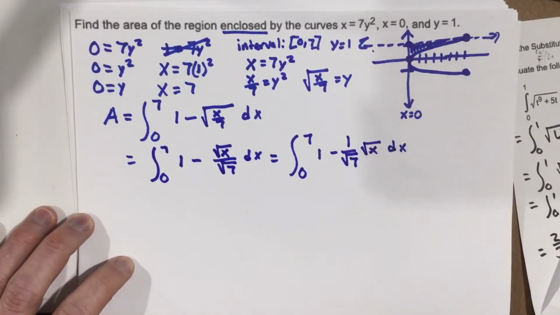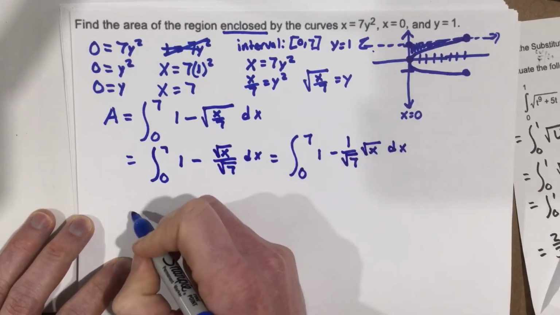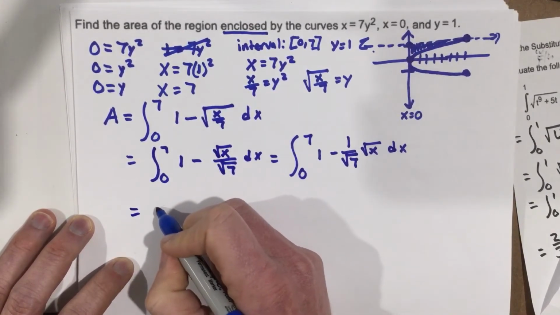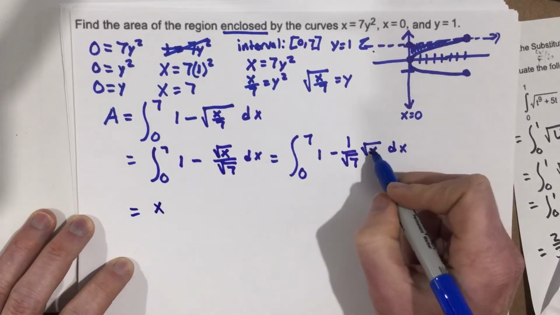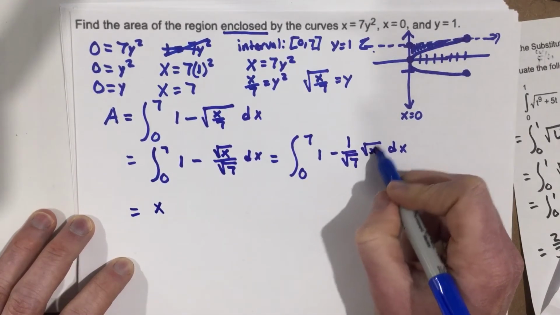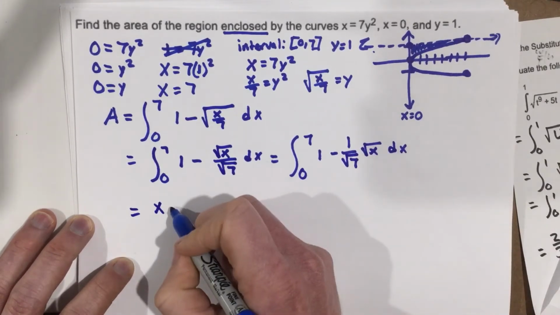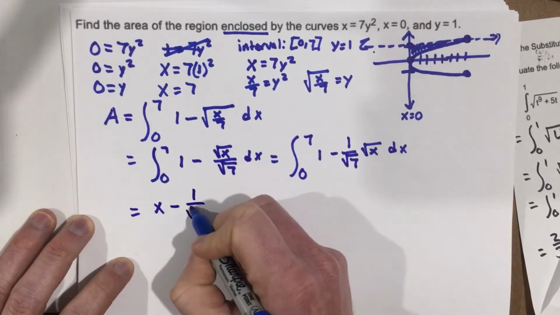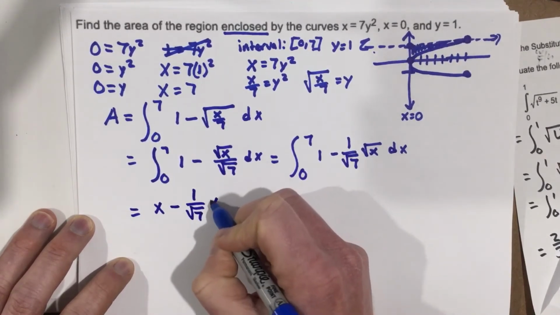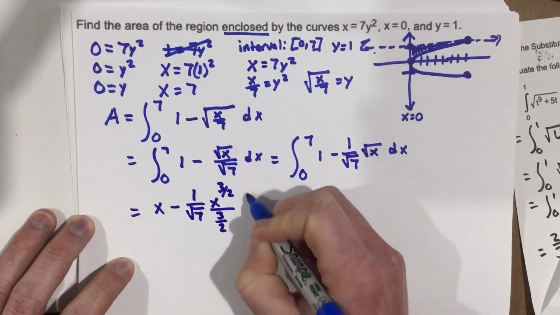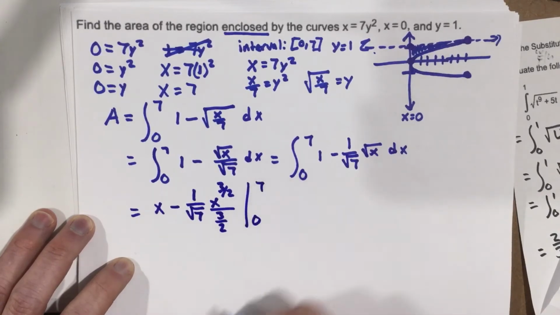That makes it easier to do the integration. If we integrate 1, we end up with x. If we integrate root x, so x to the 1/2, we add 1, that's x to the 3/2 divided by 3/2. So we end up with x minus 1 over root 7 times x to the 3/2 divided by 3/2, evaluating this from 0 to 7.